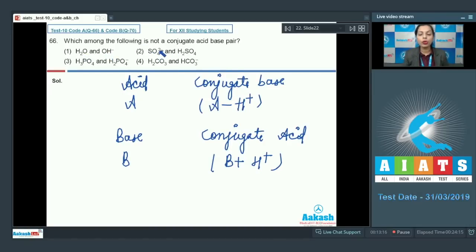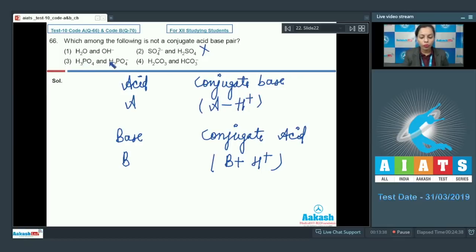Further, SO4 2 negative. In this case, there is no H plus ion, but on taking H plus ion, it means if it is acting as a base, it will take H plus ion and then form HSO4 negative. But this is not correctly given here. It is given H2SO4. So this is not the conjugate acid base pair. Further, let's check the next one also, H3PO4.